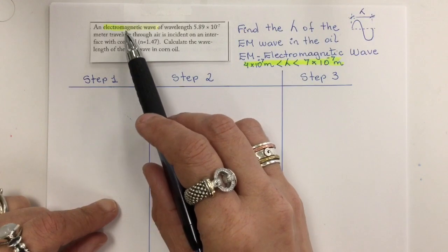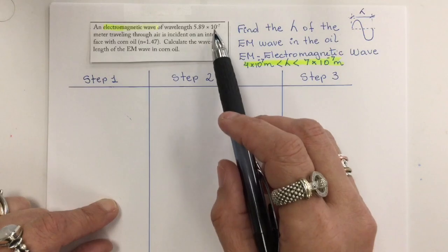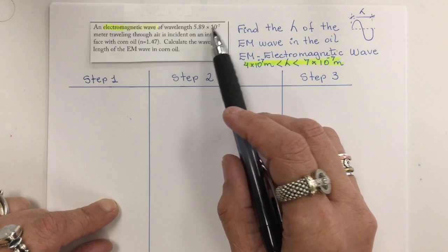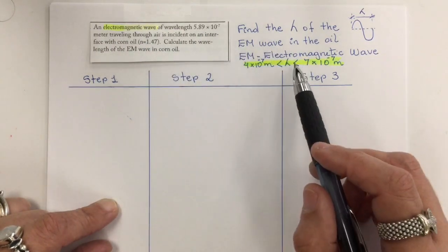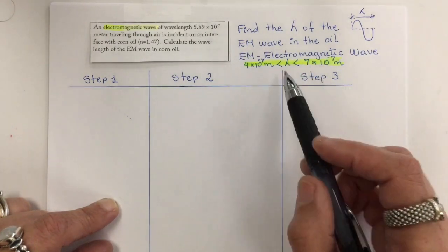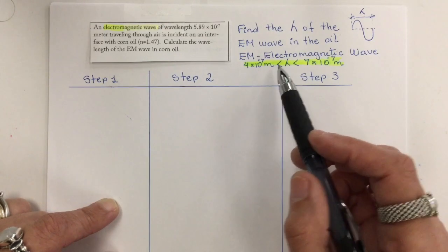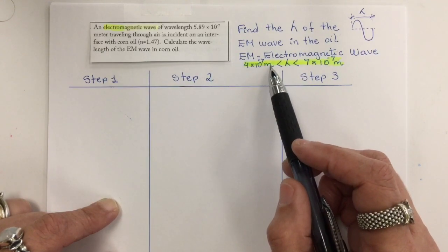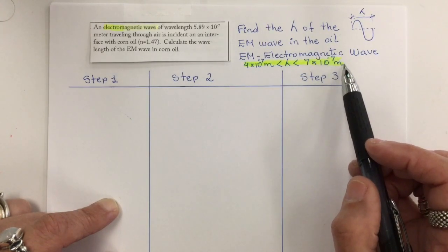One is that the electromagnetic wave in this range, 5.89 times 10 to the minus 7 meter, is one of the light colors, because the wavelength of visible light ranges from 4 times 10 to the minus 7 meter through 7 times 10 to the minus 7 meter.